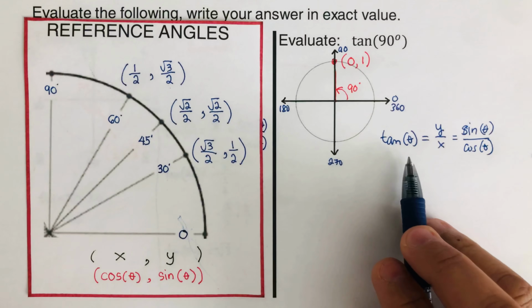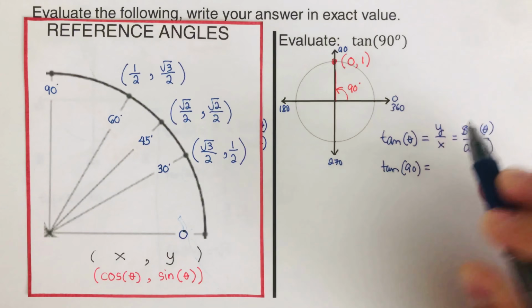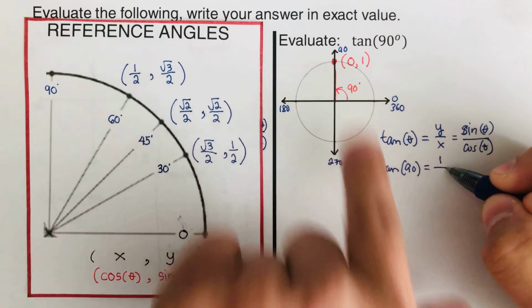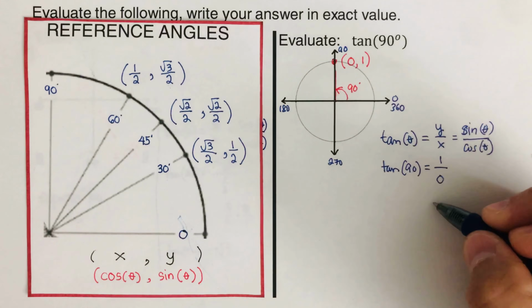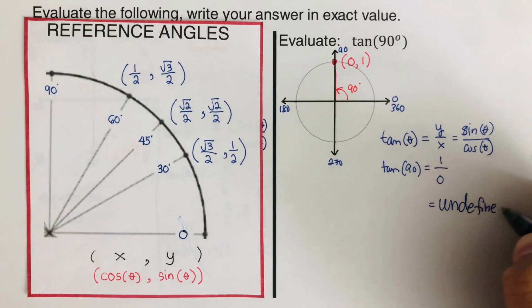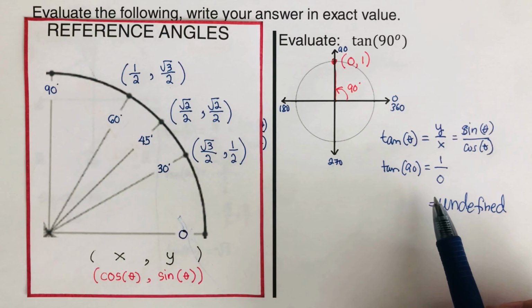Okay, so if we plug these values in, we have tangent of 90. Our y again is 1. And then I put the 1 there. Our x is 0. 1 divided by 0 is undefined. So it's going to be undefined at 90. Did you get the same answer as this?